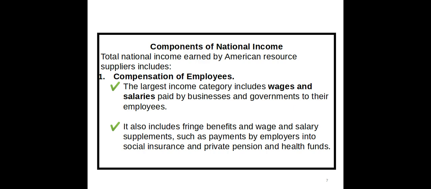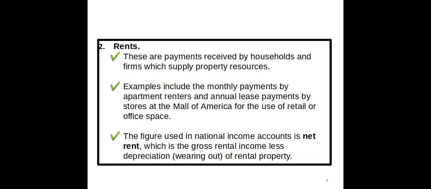National income is compensation to employees, which is wages and salaries. But on top of that, that also includes benefits, so what your employer is putting towards your healthcare or your social insurance or your pension. As teachers, we have pensions, and the money that the employer puts in there is counted as part of my wages and salaries.